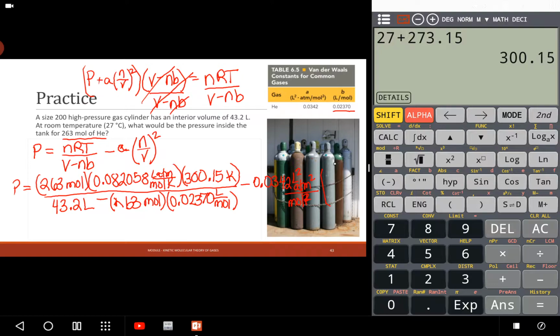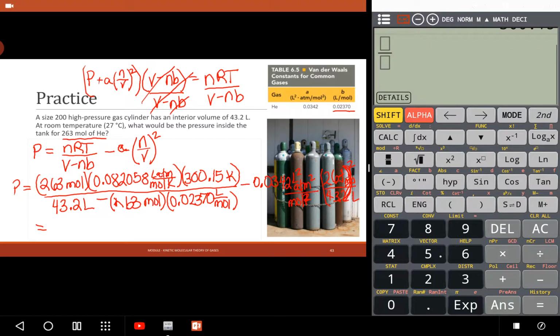And then over N, which is 263. Squared. This whole thing's going to be squared. And my volume was 43.2. That's a bit messy. Okay.